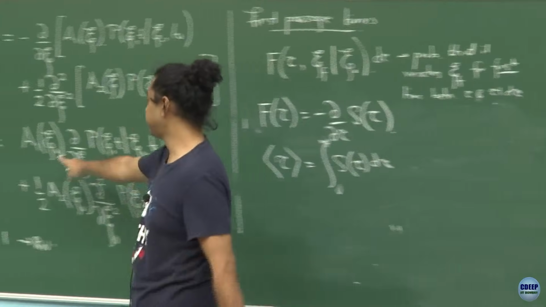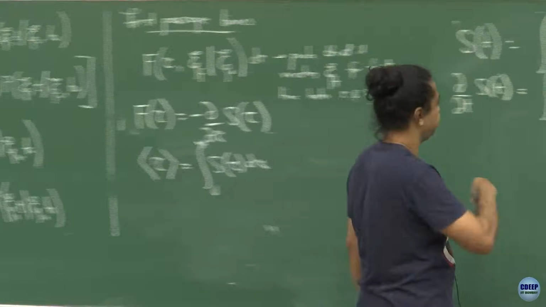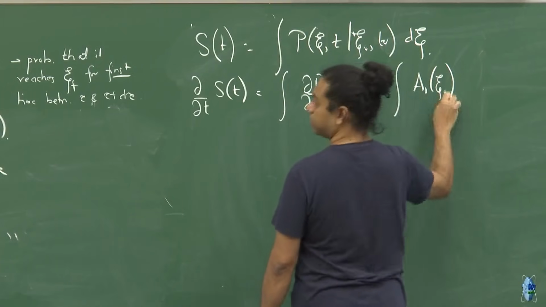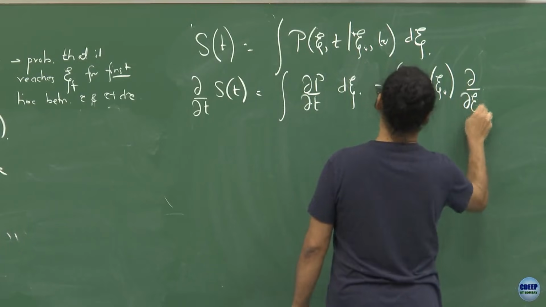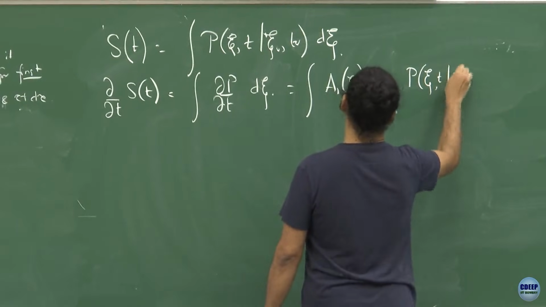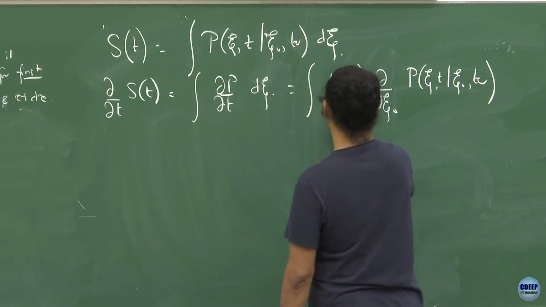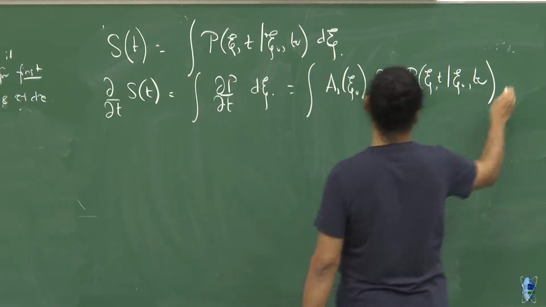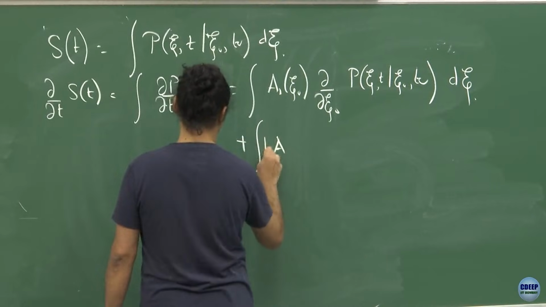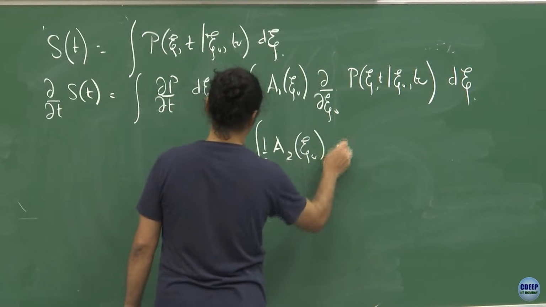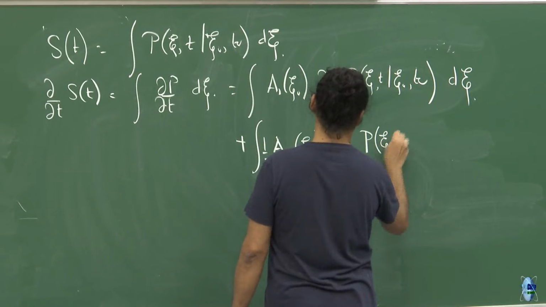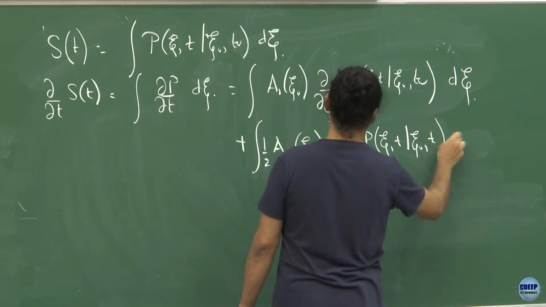For del p del t I can substitute the backward equation. I get a1 of xi naught del del xi naught of p of xi t given xi naught t naught d xi, that is the first term, and then the integral of half a2 of xi naught del 2 del xi naught 2 of p of xi t given xi naught t naught d xi.